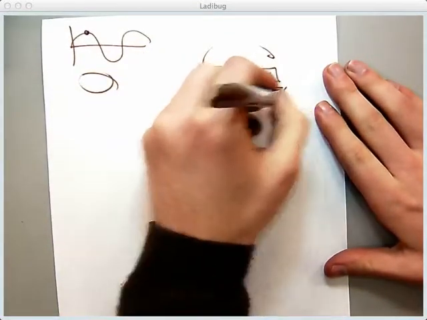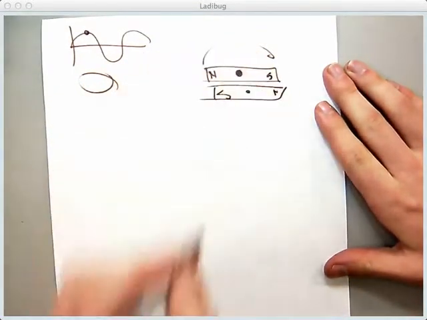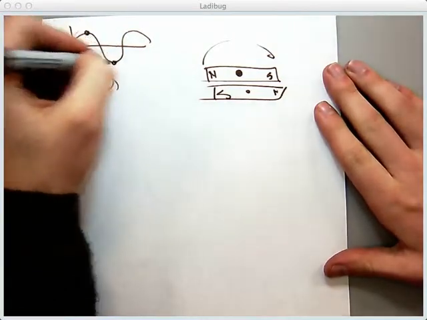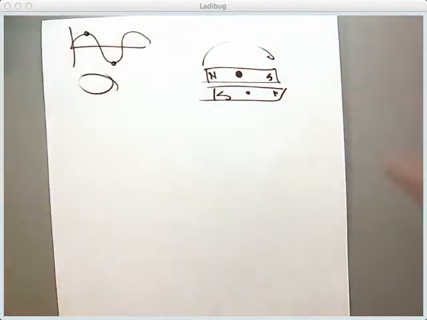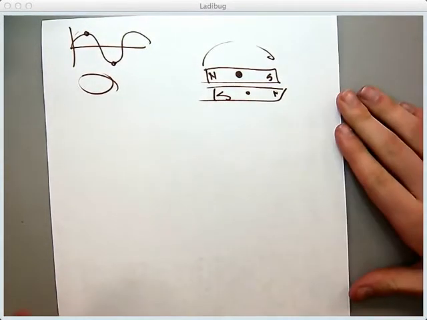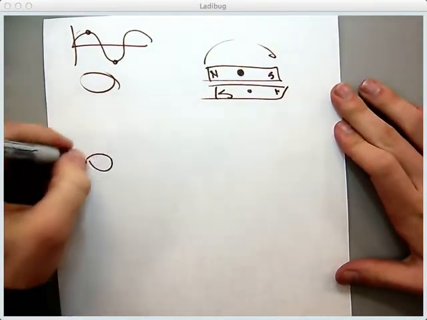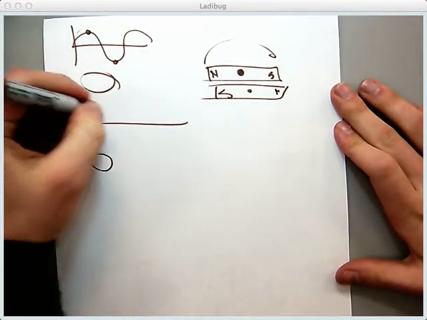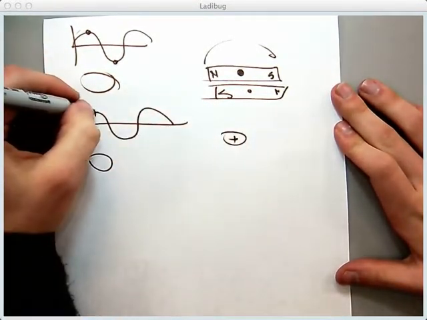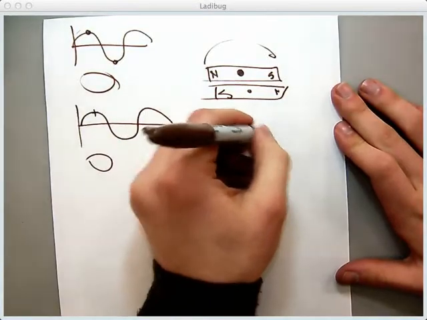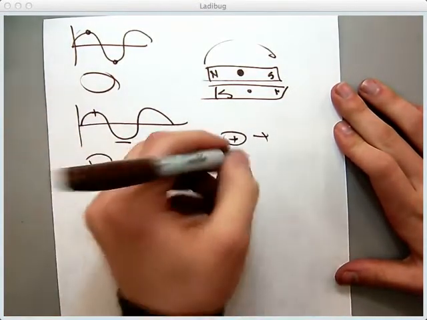Then it changes to south, and it flips back around. So this changing magnetic field would make a little spinning thing there. A changing electric field would do something else. If I had a proton here, while this is positive, it's going to want to move away, and while it's negative, it's going to want to move toward it.